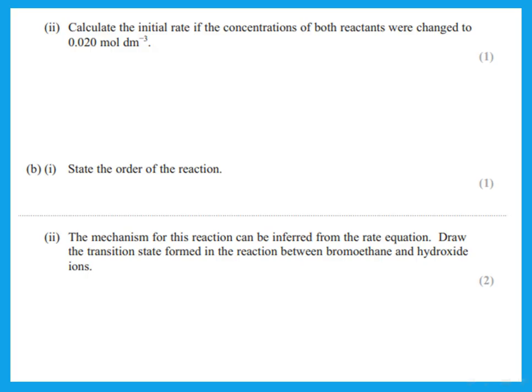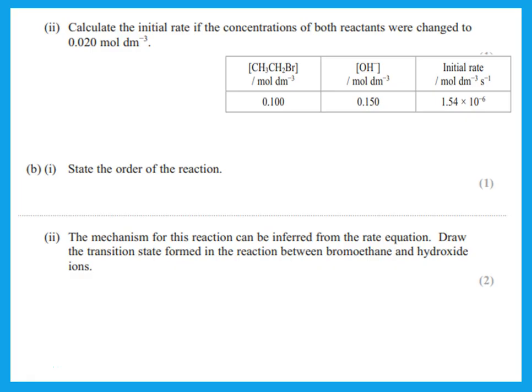Then he says calculate the initial rate if the concentrations of both reactants were changed to 0.02. So we have this table, the table that we still have. But he wants to change the concentrations to 0.02. So instead of 0.1 for the bromoethane, it's going to be 0.02. That means we're decreasing it 5 times.